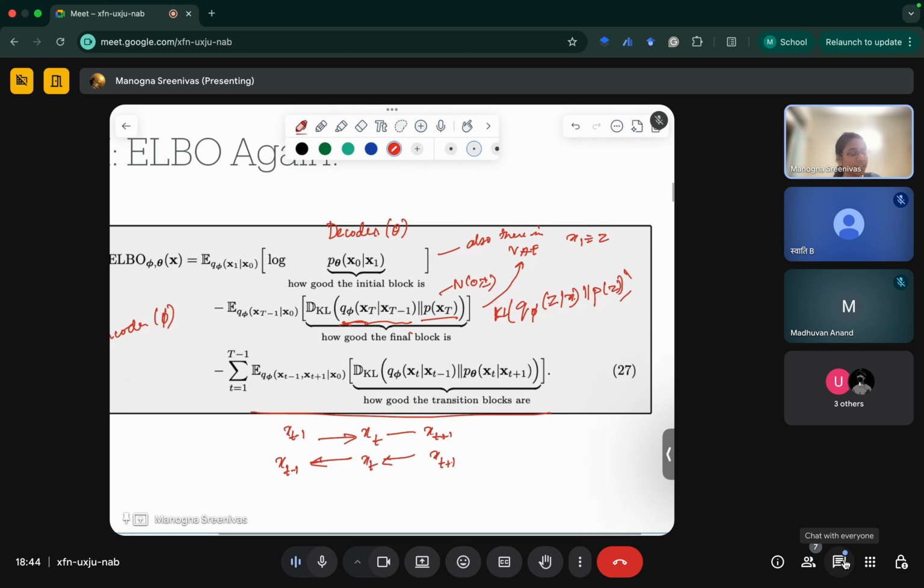Whatever I am encoding in the forward process, I want to do the opposite and undo that in the denoising process. So the encoder and decoder should learn the exact opposite thing. If the encoder takes my latent from xt minus 1 to xt, the decoder should bring the exact latent back from this. In the encoder, I'm going in this direction: to get xt, I need xt minus 1. But in the decoding process, I come to xt from the next step.